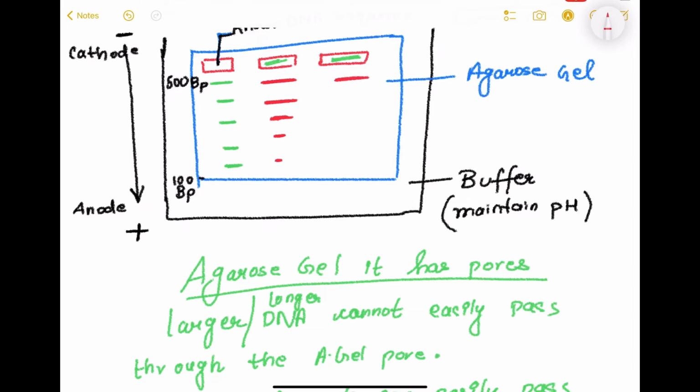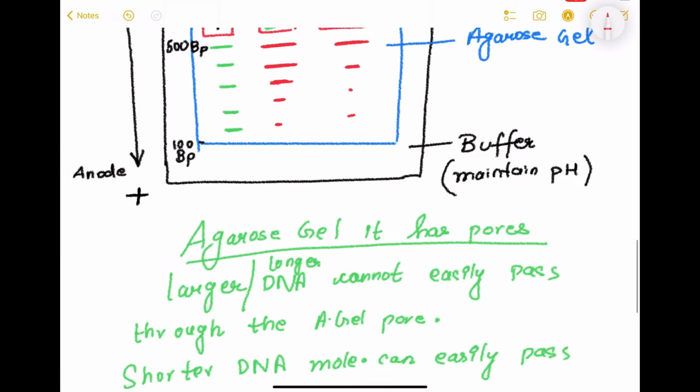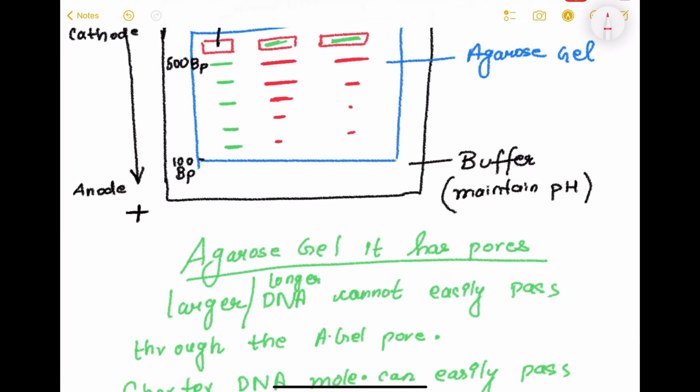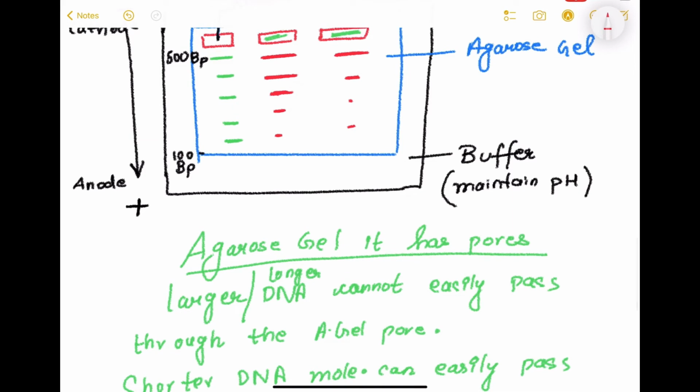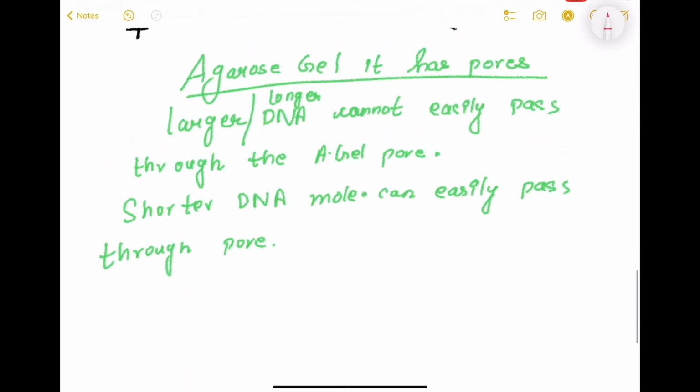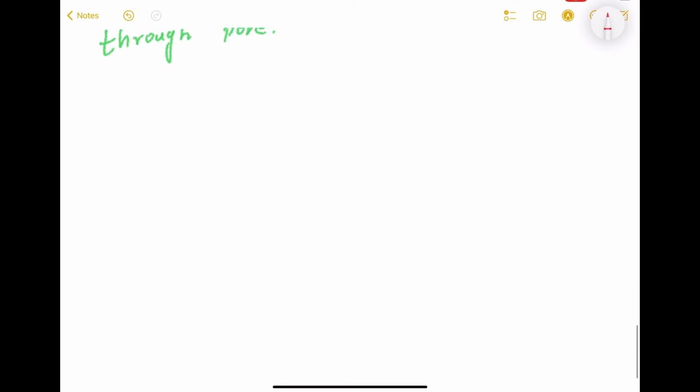Same case with the third groove in which we have placed the unknown DNA molecules. By the differences in sizes, we can locate the position of DNA in the agarose gel matrix. So over here it is the entire setup.